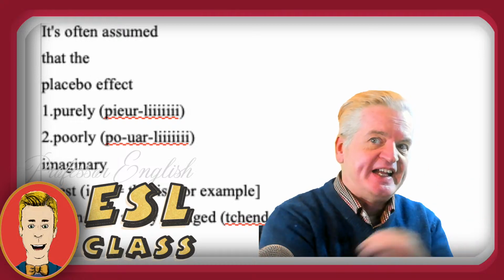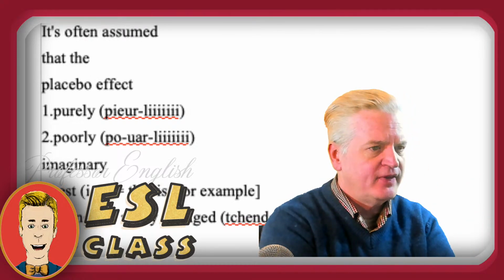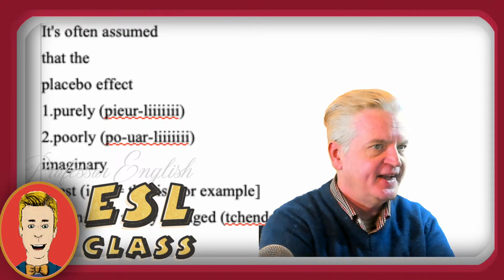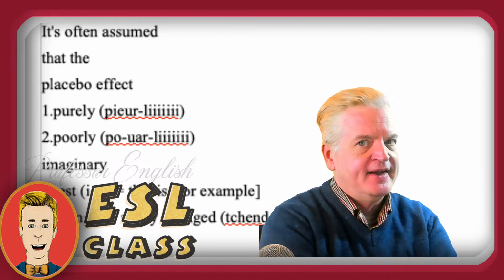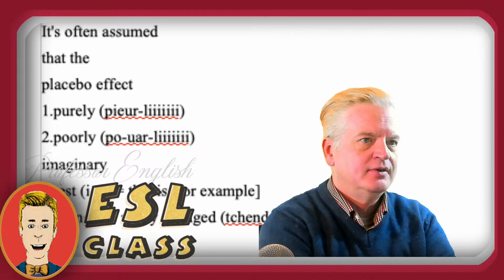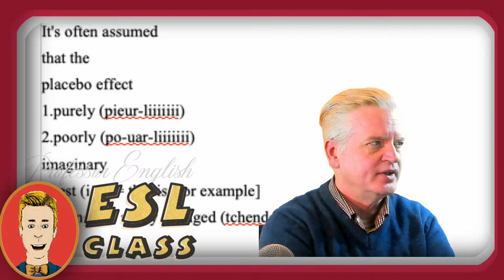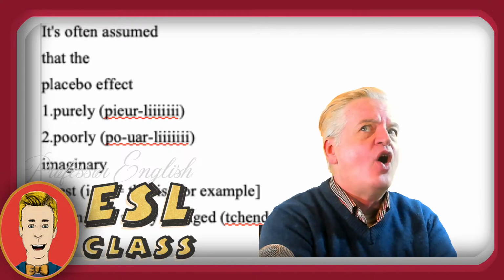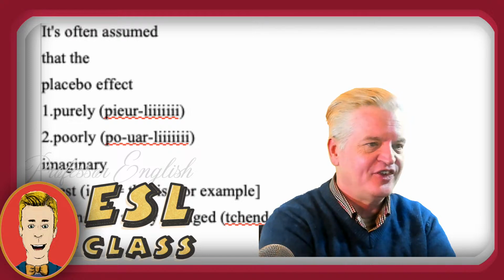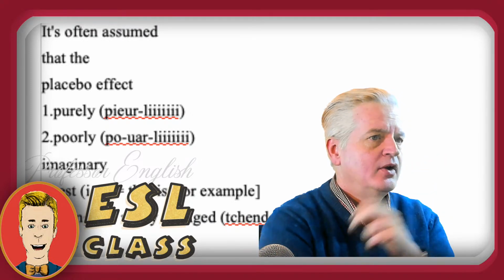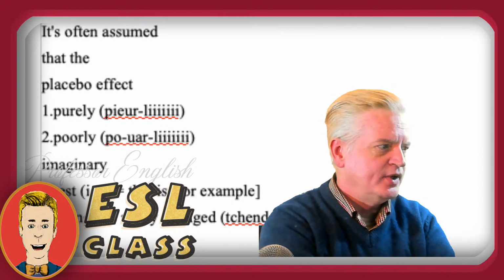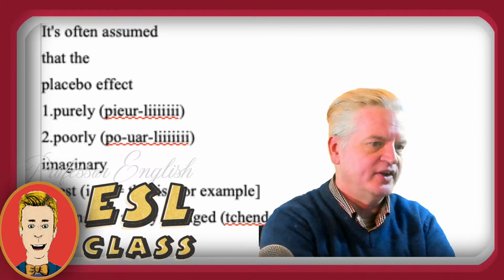Let's start with the word it's. What do you think about that vowel sound in the beginning? Is that long or short? It's short. That's really short. Often. What do you think about that? Two vowel sounds. Tell me about the duration. What do you think about the first one? Often. Aw.